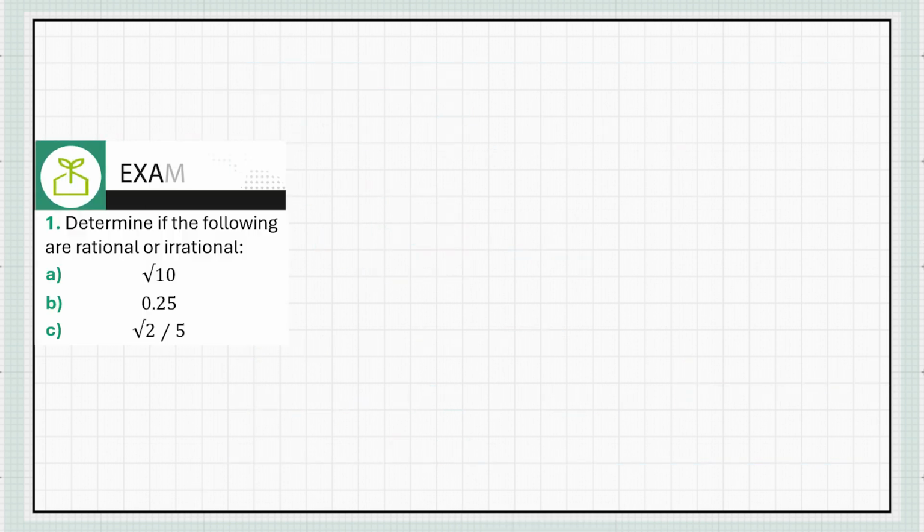Alright, so we have a few things to look at here. We have our questions, and we're determining whether each one of these is going to be rational or irrational. So let's start with A. Is the square root of 10 going to be rational or irrational?